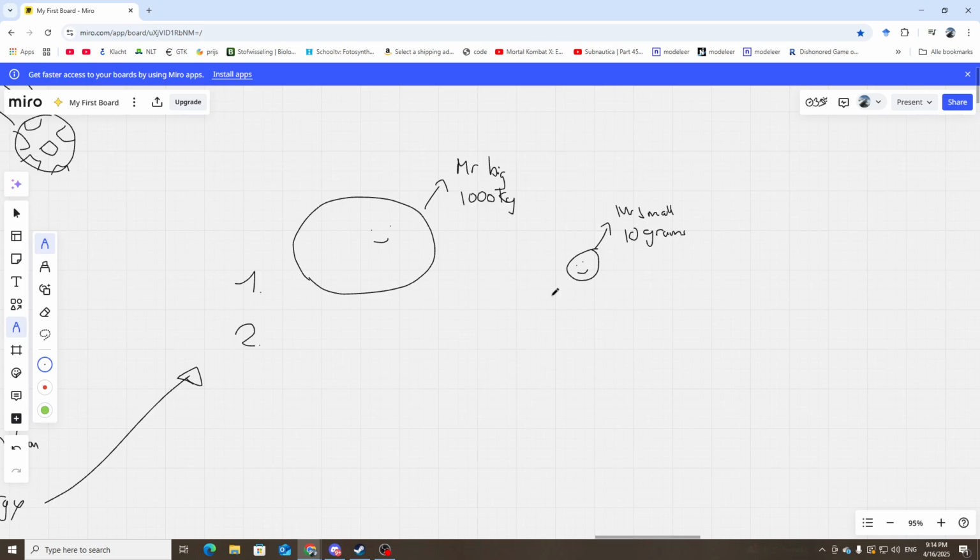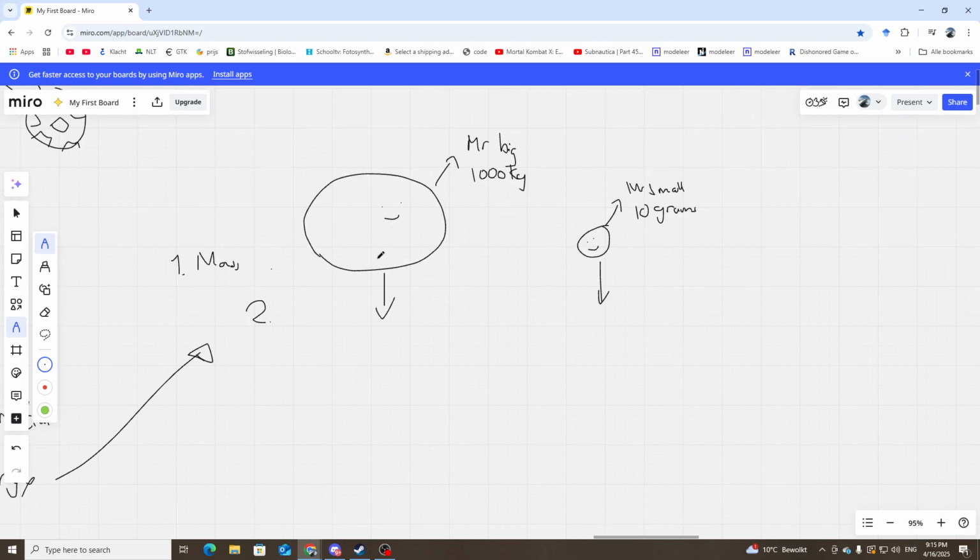Yeah? So if Mr. Big is moving towards your head, I think you would rather have Mr. Small moving towards your head, because this guy has a higher mass. And mass is one thing that affects the kinetic energy of an object. So number one that affects kinetic energy is mass. If something has more mass and it's moving, it has more kinetic energy than if Mr. Small is moving at that same speed.